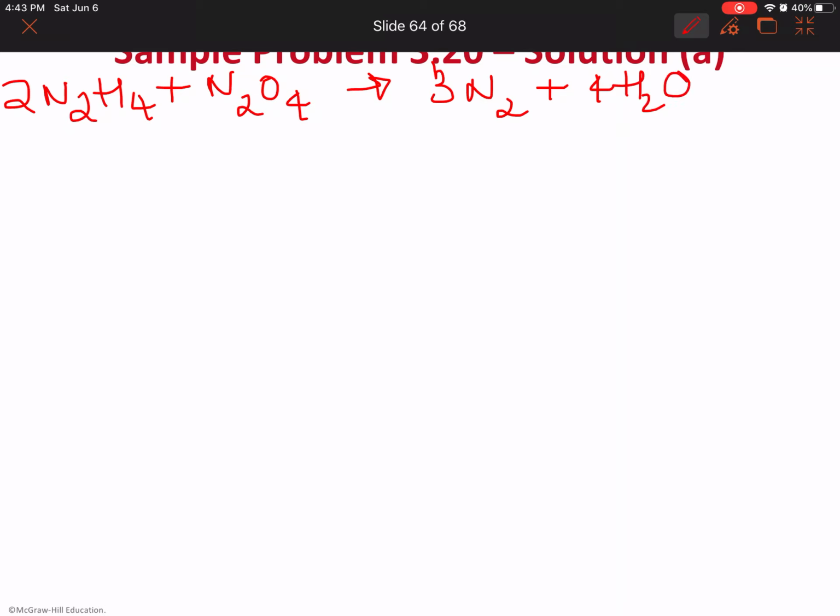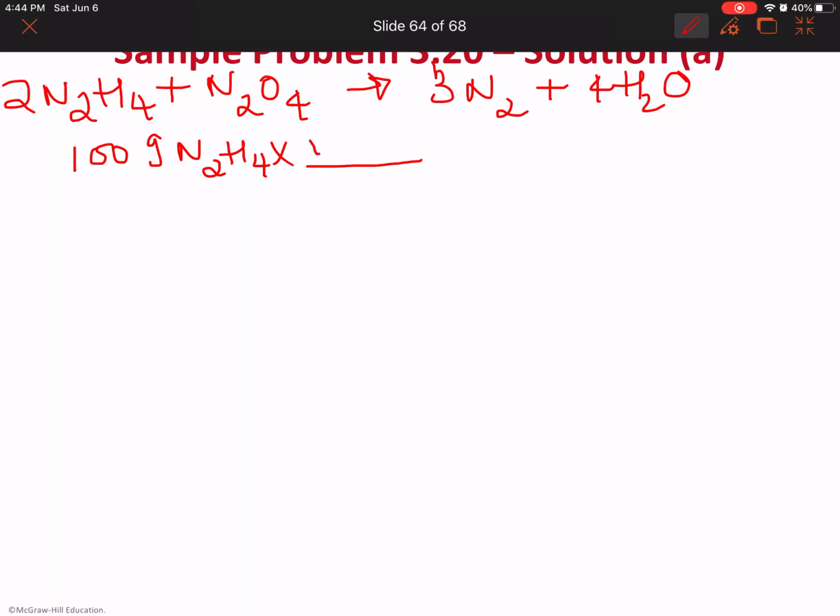Now you can start with 100 grams of N2H4. First thing, we need to convert it to number of moles in order to use the molar ratio.